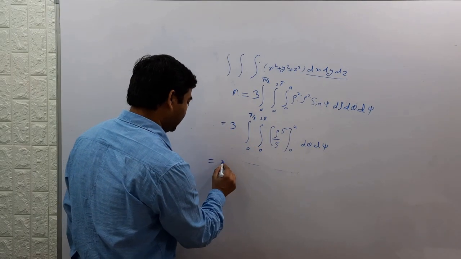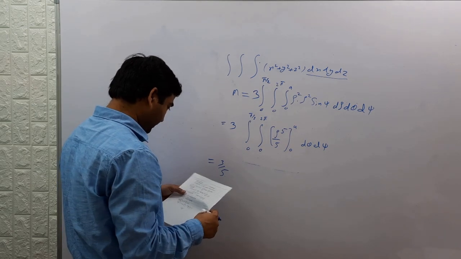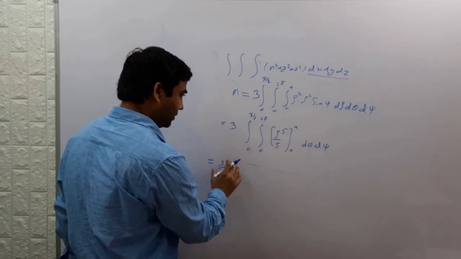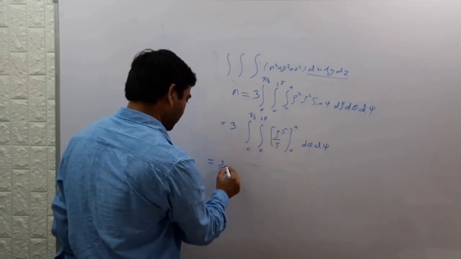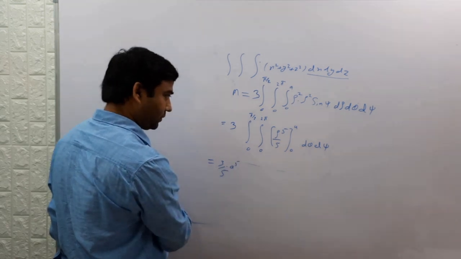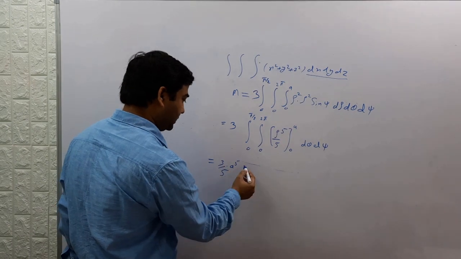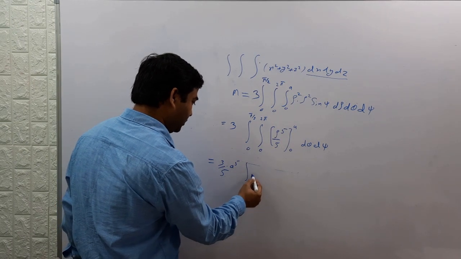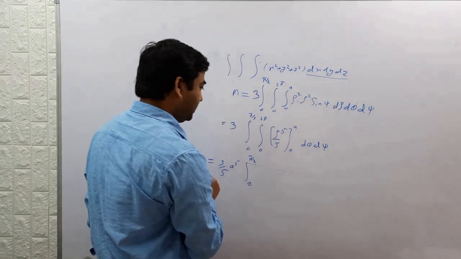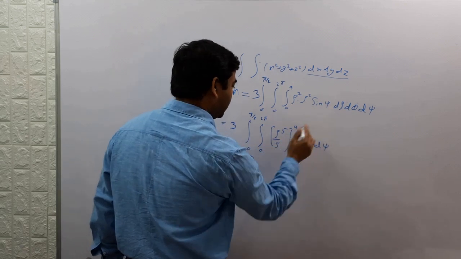So this can be written as 3 by 5 into a to power 5, integration 0 to pi by 2. Sorry, this sin psi is also there.